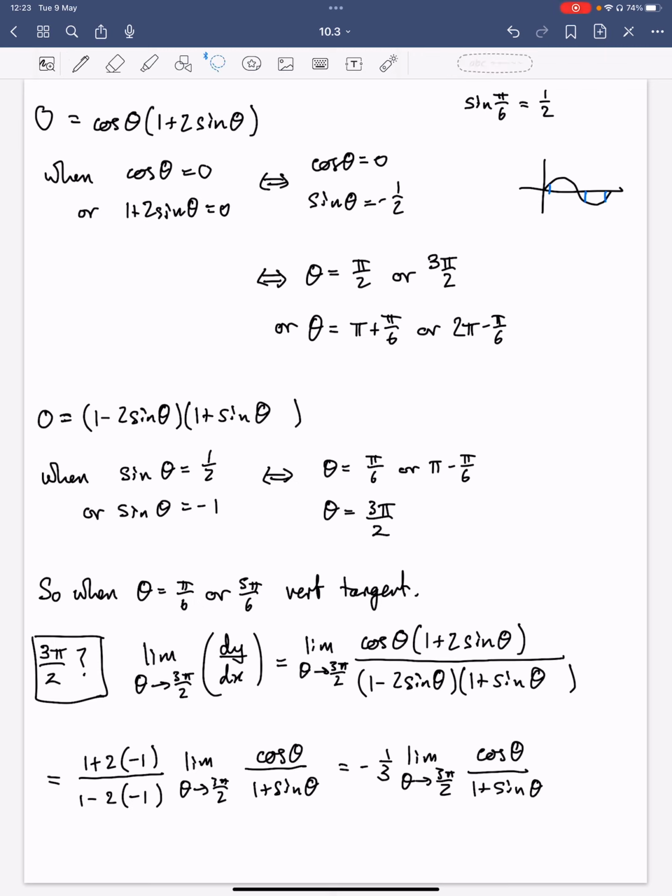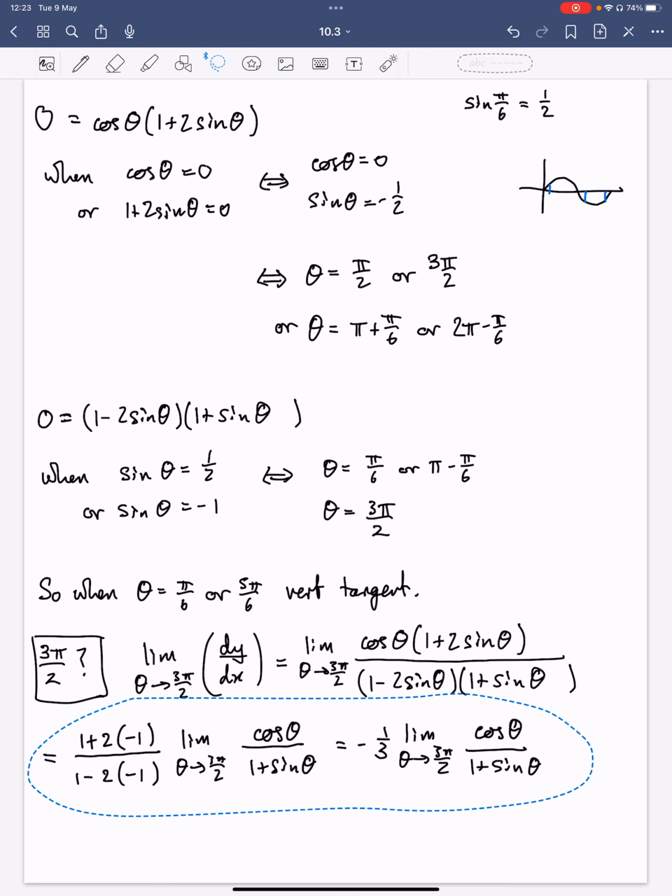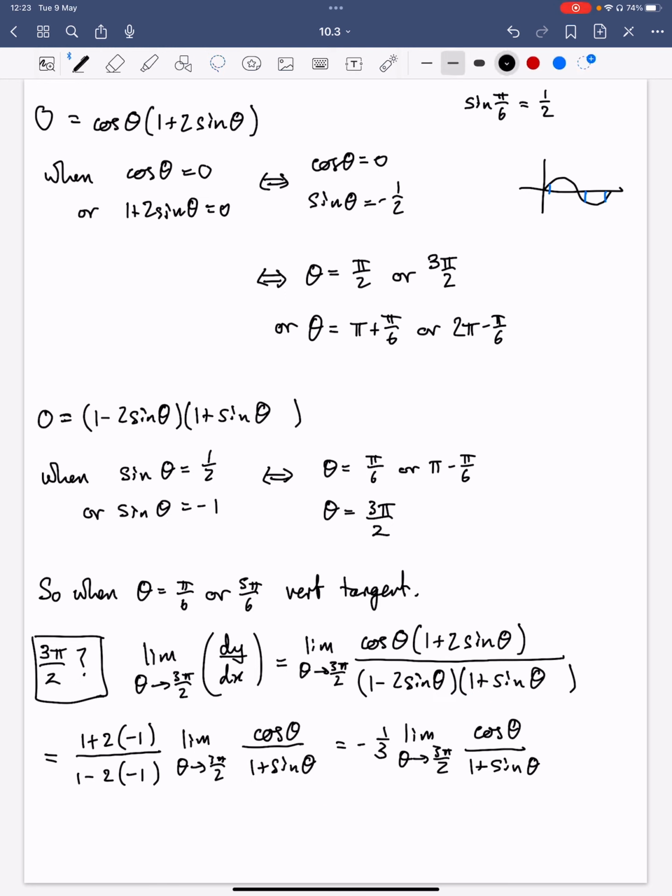Multiple ways to proceed. Do L'Hopital's rule. Let's do that. So we're going to get here negative sine theta over cosine theta. Let's take that negative outside.